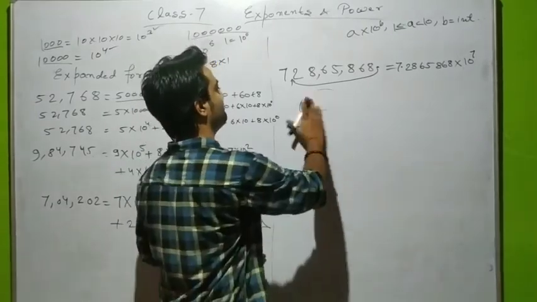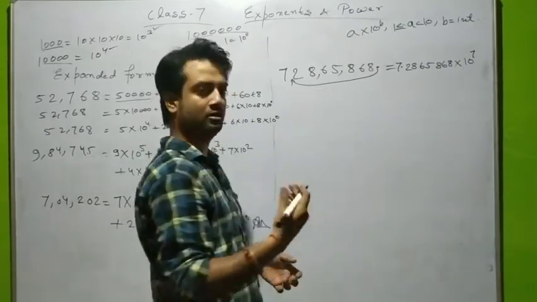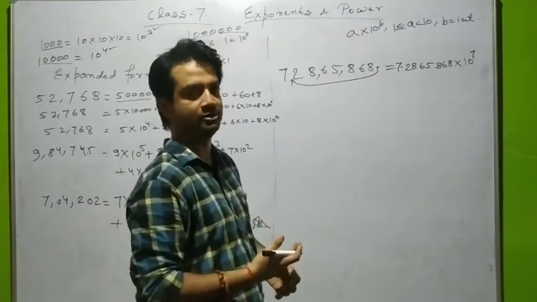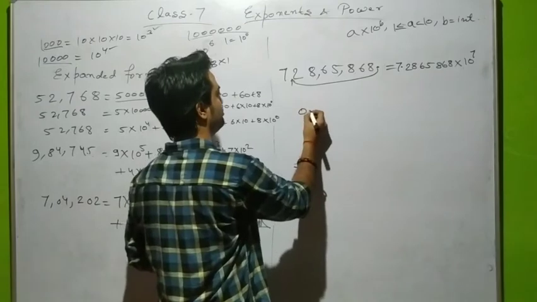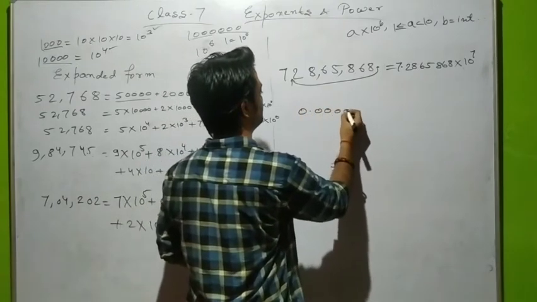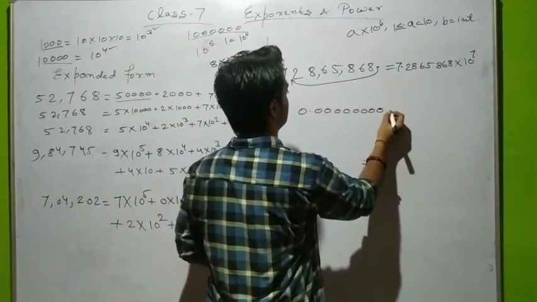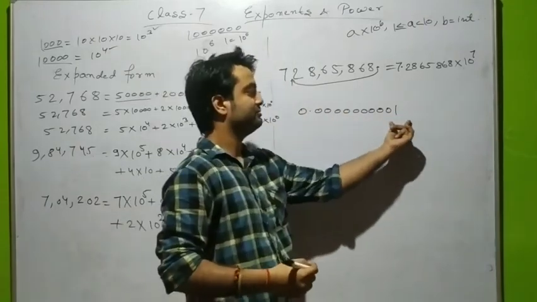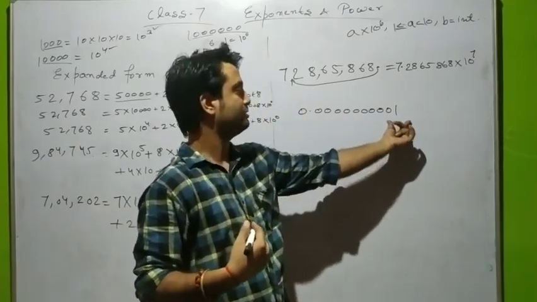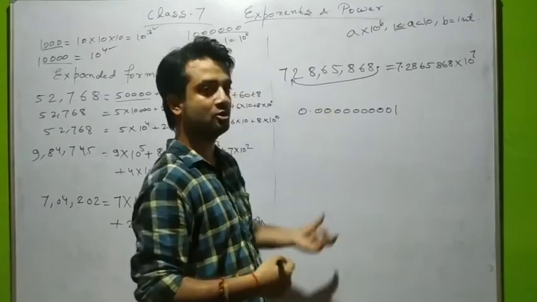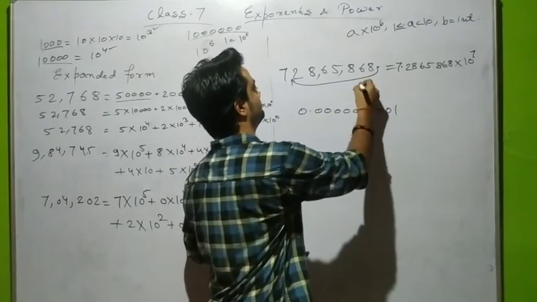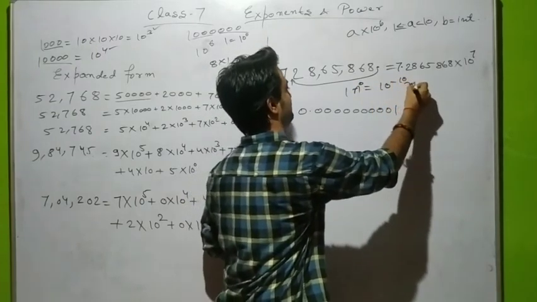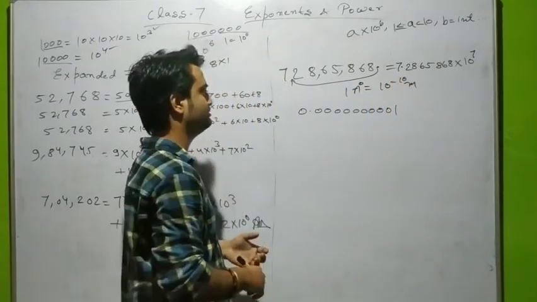Like if any number is so small, like if we talk about the radius of an atom, it is 0.9 followed by zeros and then 1 at the end. This is called an Angstrom. Angstrom equals 10 raised to the power minus 10 meter. We will discuss it later.